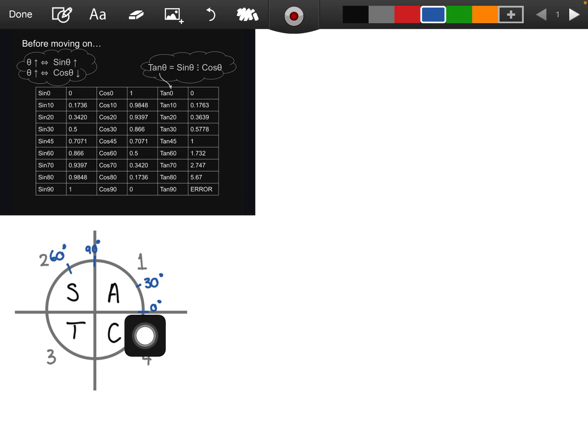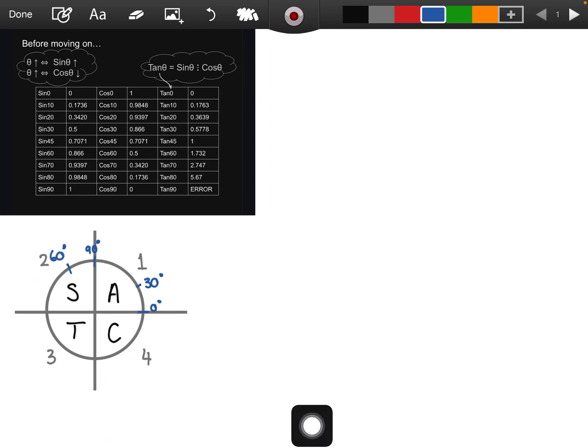Now, sine of 0 is 0, sine of 30 is positive, sine of 90 is positive, and I'm still in a quadrant where sine of an angle is positive. So sine of 60 here is still going to be a positive answer, still 0.866.